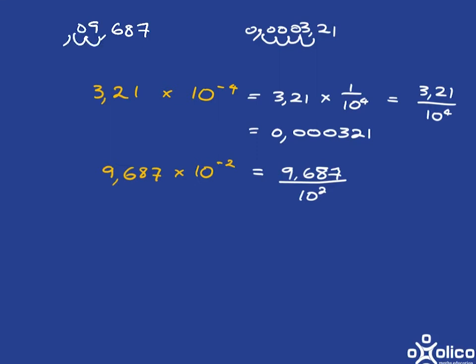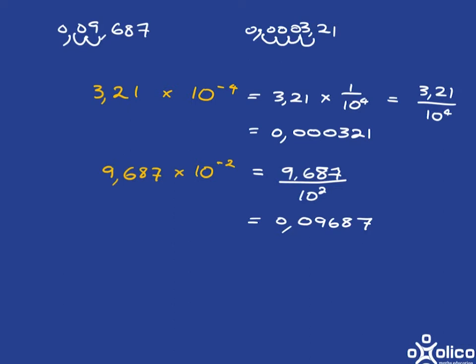Your comma is going to go there, so what you'll get is 0,09687. You can see, for example, that this number is a lot smaller than the previous number, because there you're dividing by 10 to the power of 4, which is a really big number, whereas here you're dividing only by 10 squared, which is just dividing by 100.